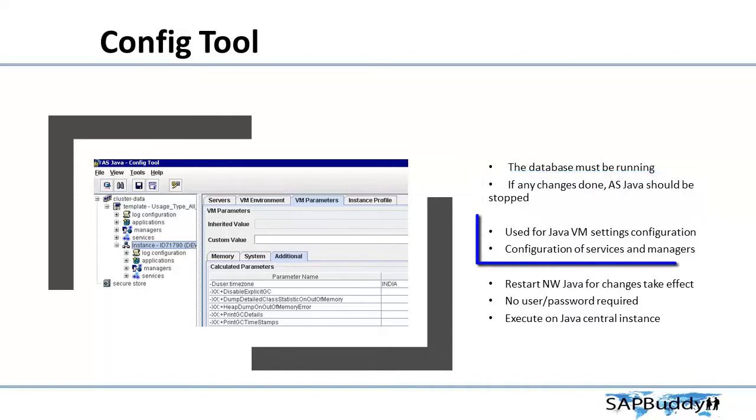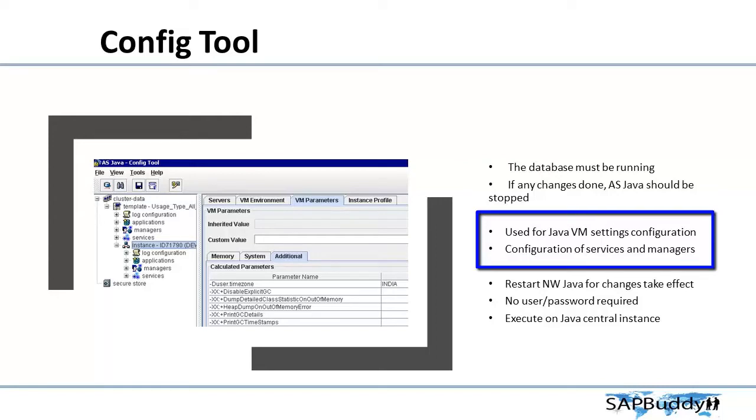Using the Java config tool, we can configure the Java VM settings, and we can also configure the services and managers of Java. The VM setting is the setting of the virtual machine of Java. In general, we can say the VM setting can be done only by the config tool.